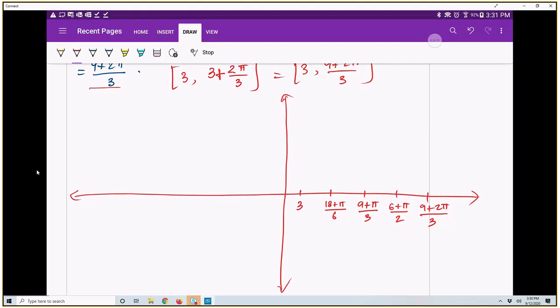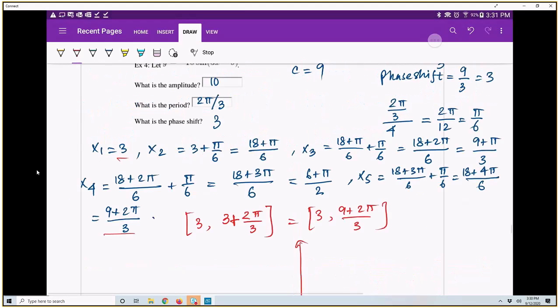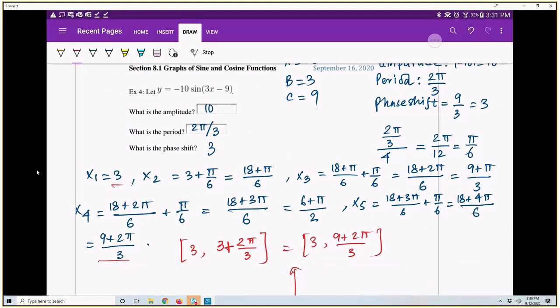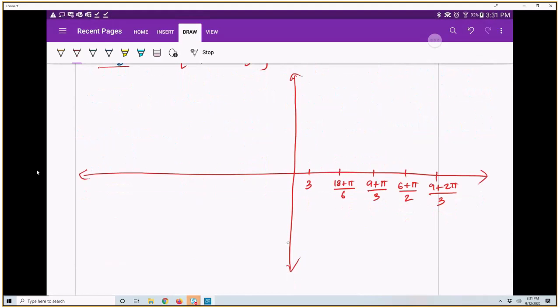There is one other observation here. This function has a negative multiplier to the output, so you're changing the y values, so that will be a reflection along the x-axis. And the amplitude being 10, I'm going to get negative 10 as the lowest point and positive 10 as the highest point. So at the beginning, and I'm beginning at 3 this time, sine is still 0. But then instead of going up, which is the natural way of sine, I should now come down because of the reflection and become negative 10 at the first tip.